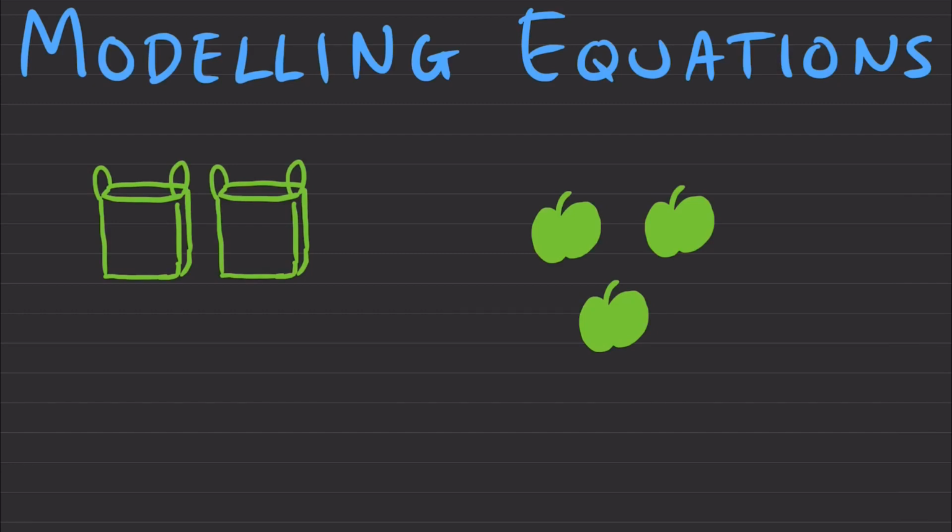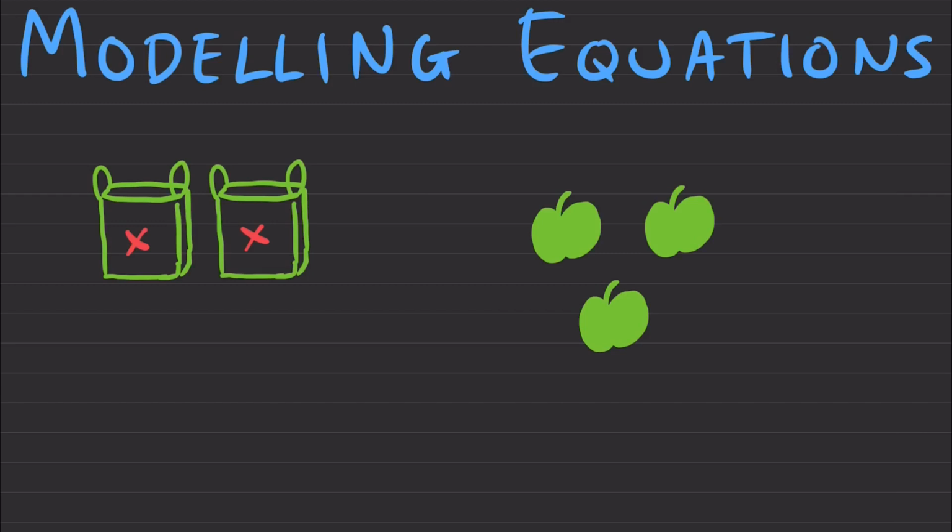We can see them. So the basic idea is that we assign a variable to the number of apples in each bag. Let's call x the variable that represents the number of apples in each bag. So each bag will have x apples in it, but we don't know what x is.